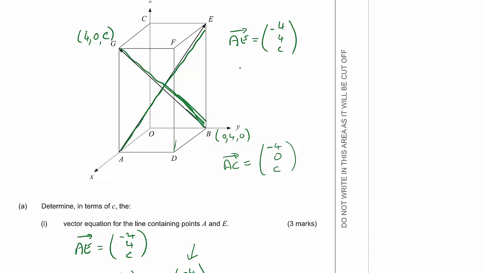So BG would be 0 up to 4, 4; 4 to 0, -4; 0 to c, c. So if they are going to be perpendicular, then when we dot them, we should get 0.